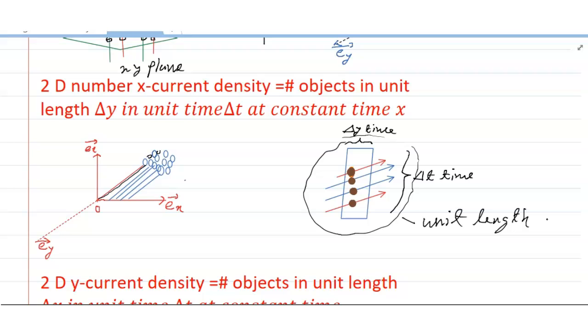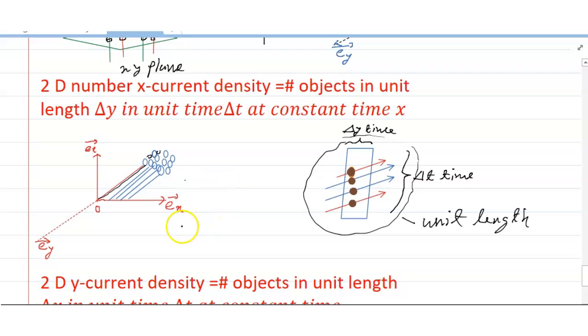So counting the number of world lines that cross this plane gives us the x current density, the number of particles crossing this line per unit length in a unit of time.